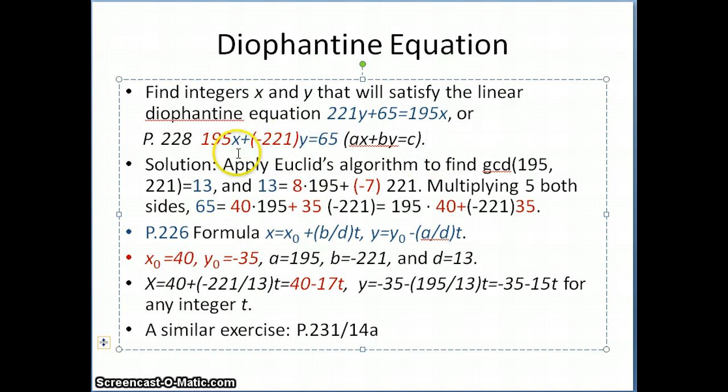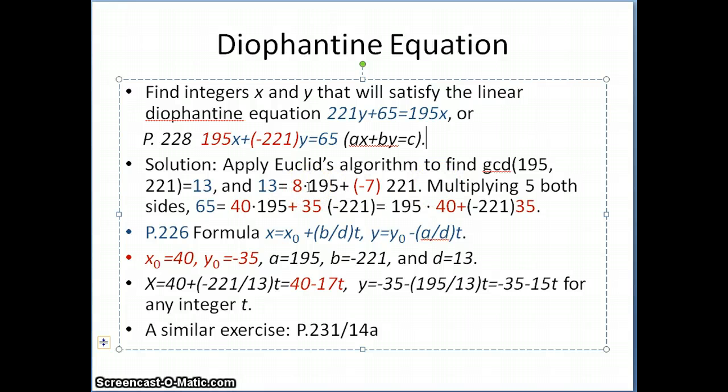We can drop the negative sign here because the equation can also be considered as 195x minus 221y. So we found the greatest common divisor, it's 13. And as we explained in last week's video, we can express the greatest common divisor as a linear combination of the two original numbers, 195 and 221.